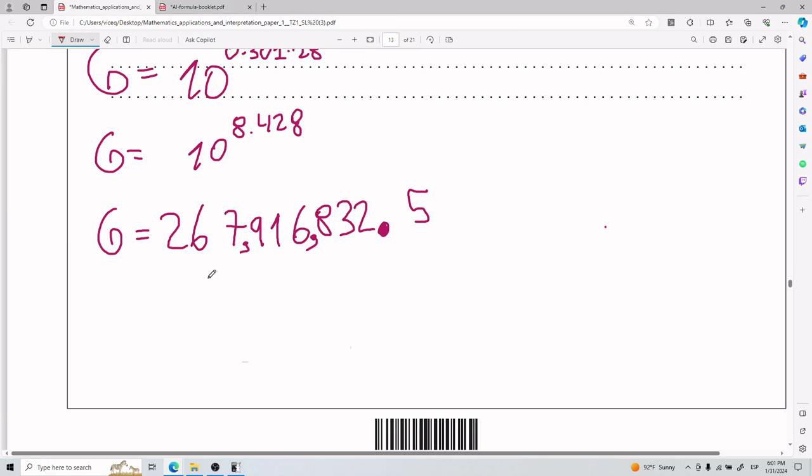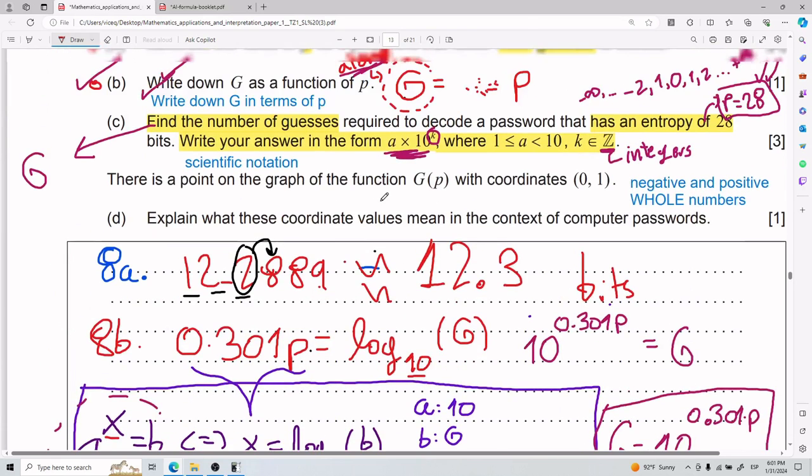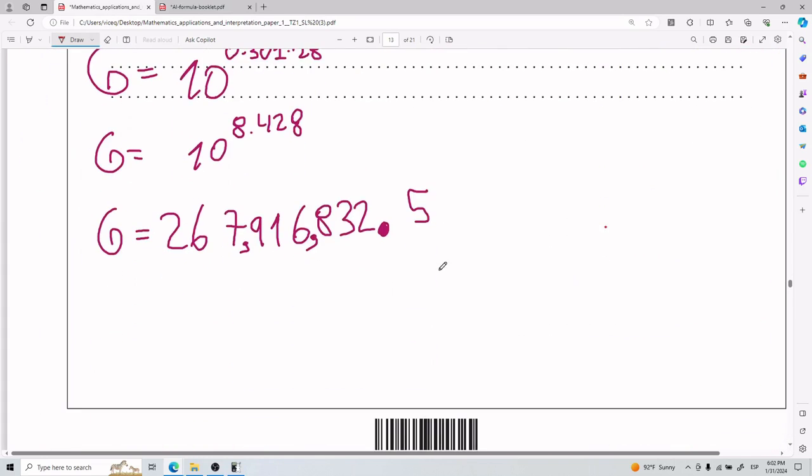Strictly speaking, notice how they tell you that A is between 1 and 10. So A can be whatever number, but not above 10. For example, if you start your scientific notation from here, you would be starting from 26, and that's not legal. But what you can do is start it from here.